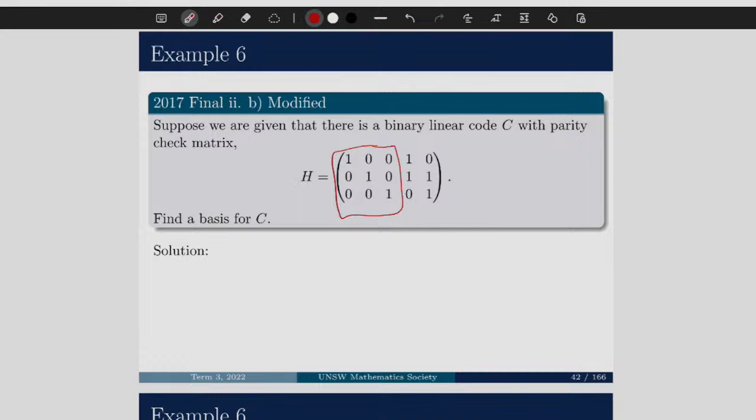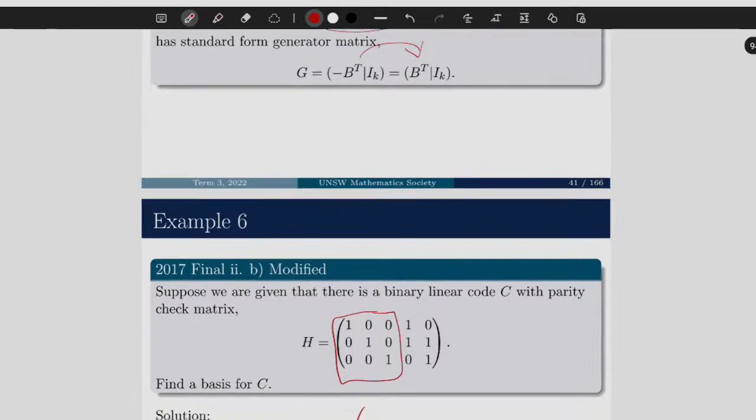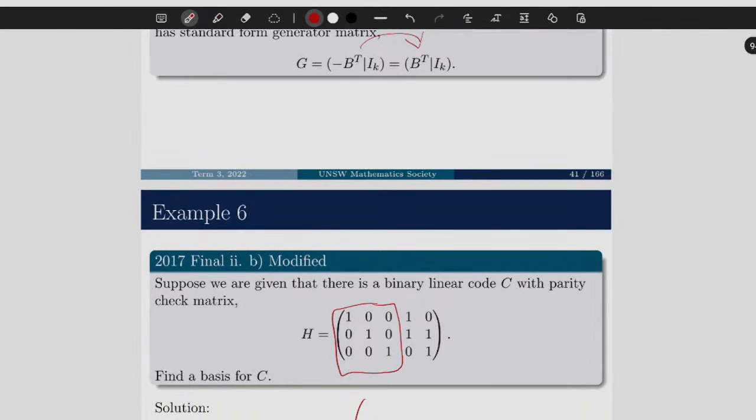So I need to flip this and transpose it. If I transpose it, it's going to be 1 0 1 1 0 1. And the end is going to be our identity matrix, right? So then I have 1 1 0 0, and this essentially becomes our generator matrix.